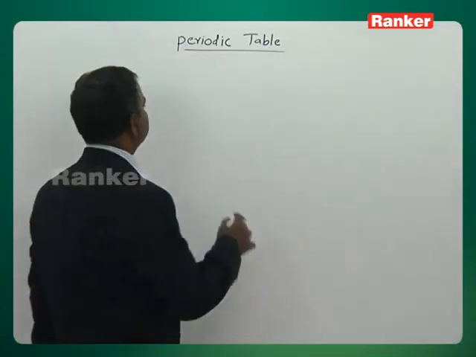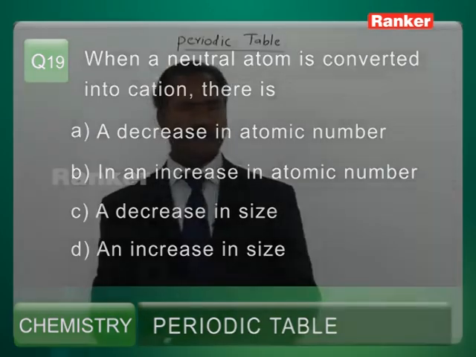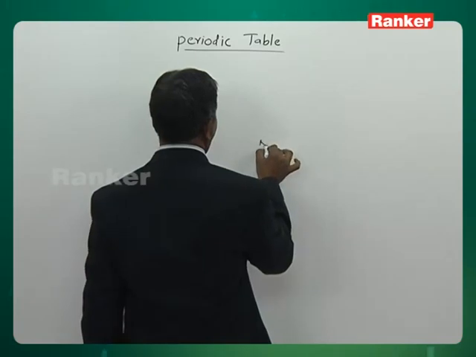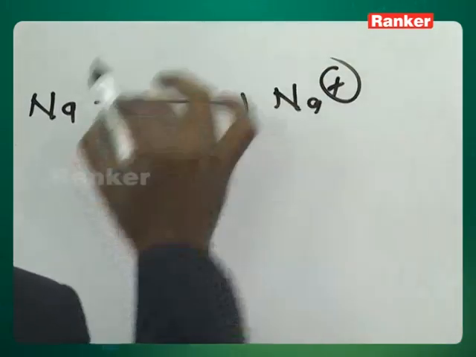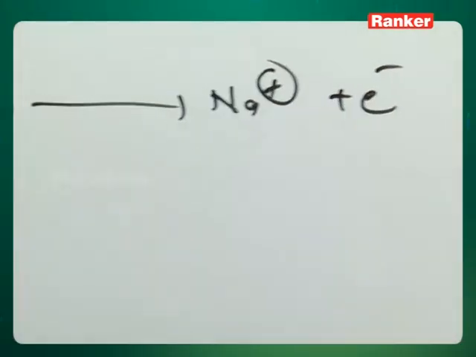Question number 19. When a neutral atom is converted into a cation, there is a decrease in the atomic number, an increase in the atomic number, a decrease in size, an increase in size. Consider sodium converted into Na plus. An electron is released.